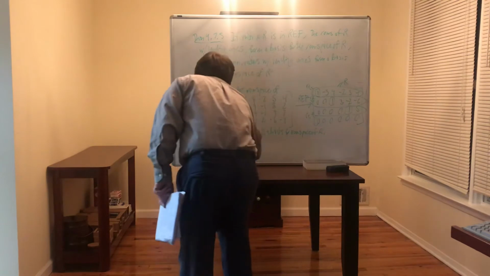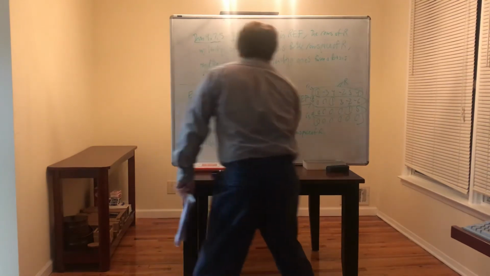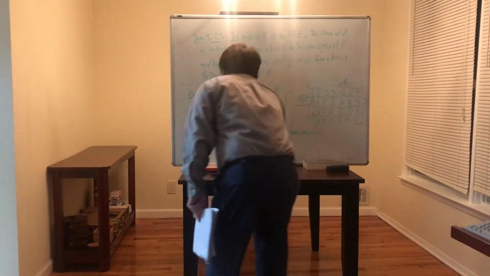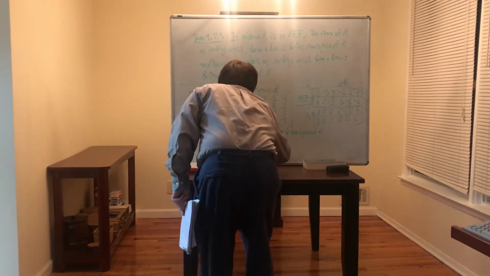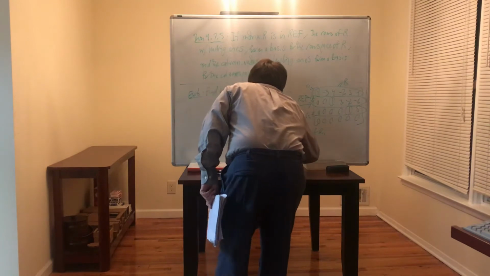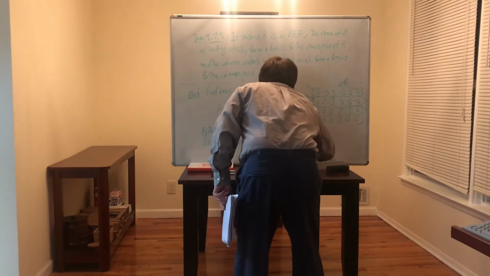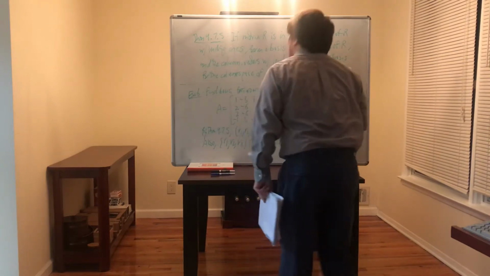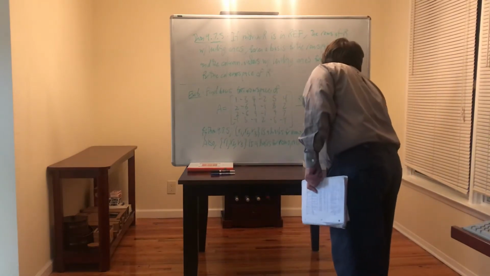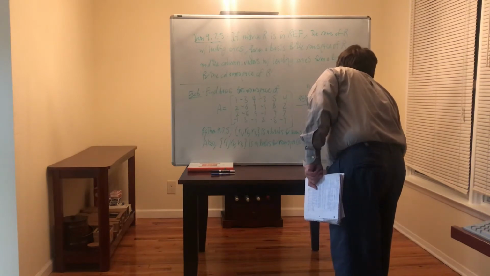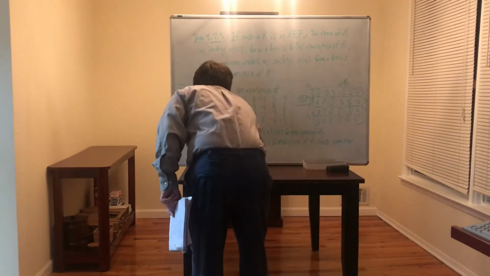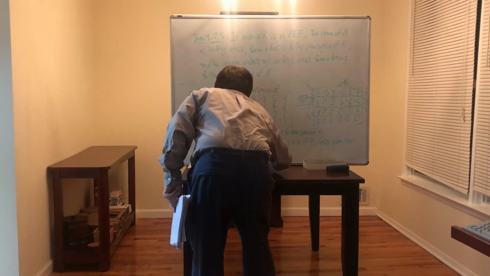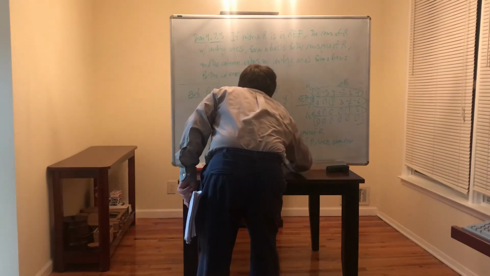Okay? Also, by R1, R2, R3, it's not the first three rows of A, it's the first three rows of R. Also, the set R1, R2, R3 is a basis for the row space of A, since elementary row operations do not change the row space of a matrix.